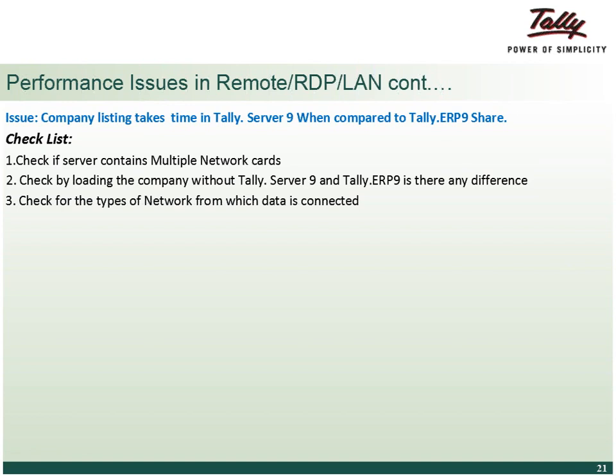Types of network here means whether it is connected via LAN, wireless LAN or Wi-Fi, or VPN, that is, a virtual private network, etc. The speed that you may experience in these types of networks will vary accordingly.